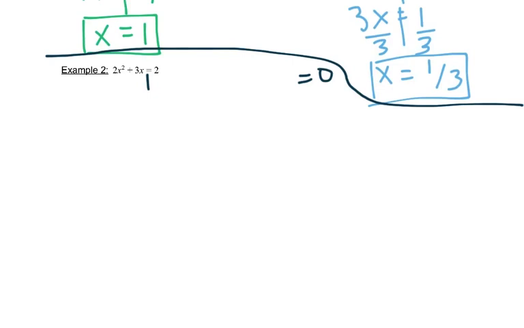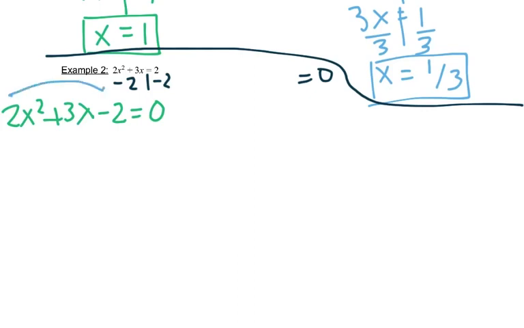And I'm going to do that by subtraction. Alrighty. So now we get 2x squared plus 3x minus 2 equals 0. And now I have my equal 0. Now I can go ahead and do slide divide. So that's what I'm going to do next, alright?